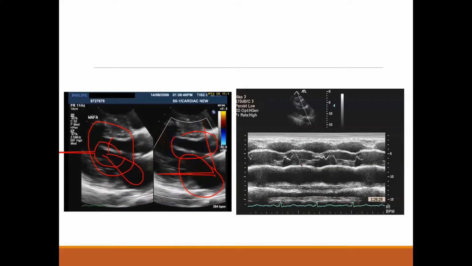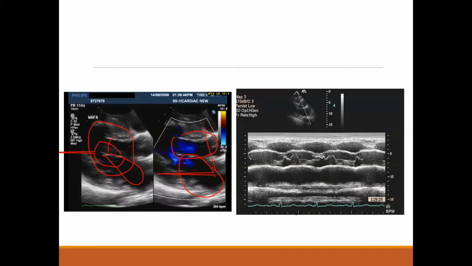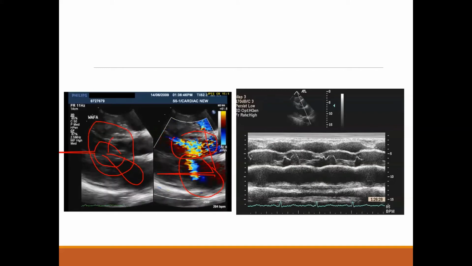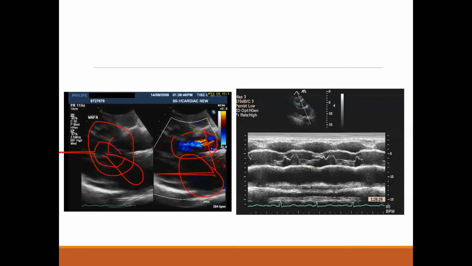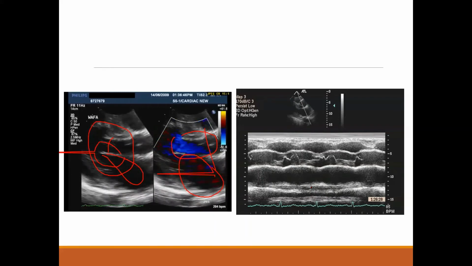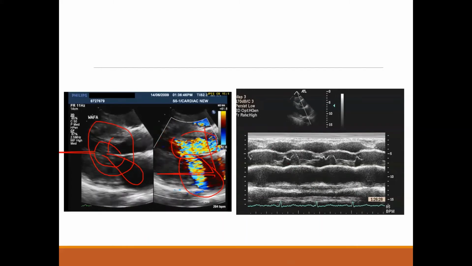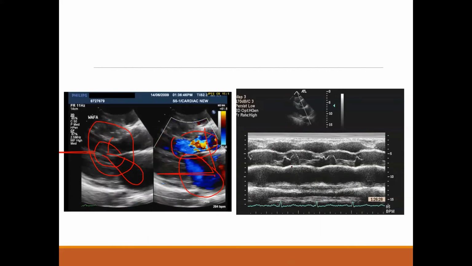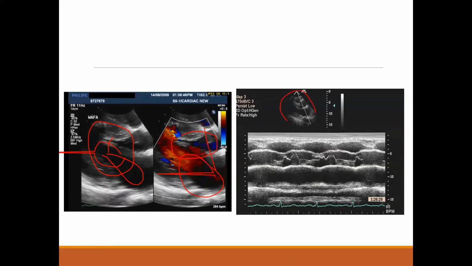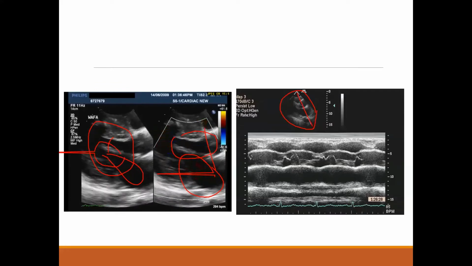Now the M mode is shown here for a HOCM patient. What do you see in this M mode, or how would you describe it? The very first thing, so as not to get lost in the M mode, go up and see where the interrogation line is cutting through.